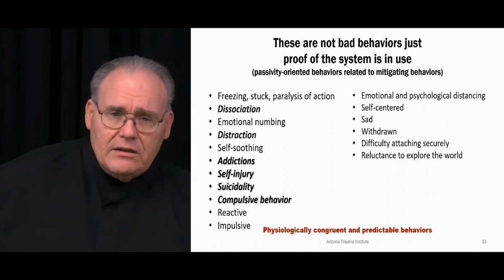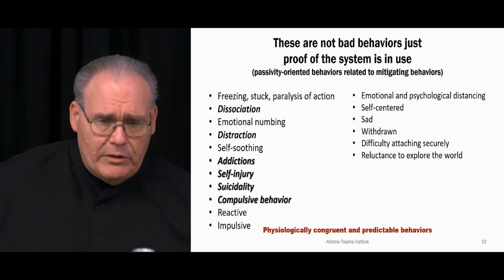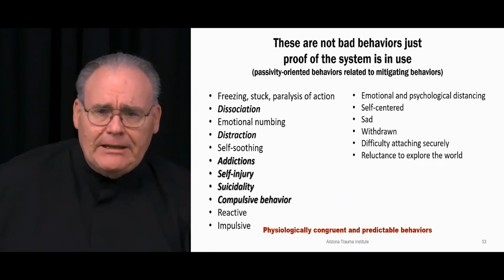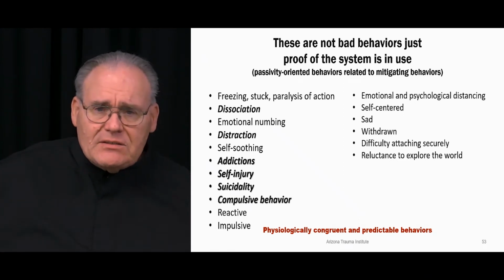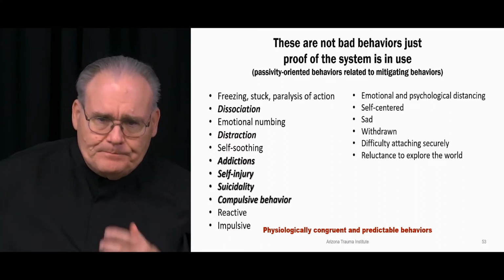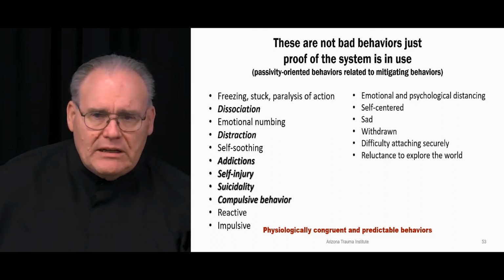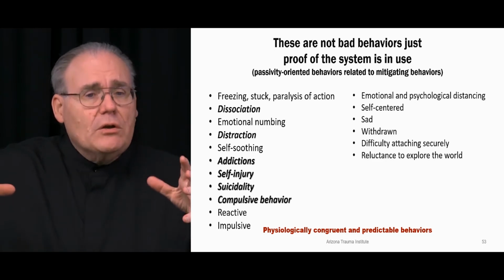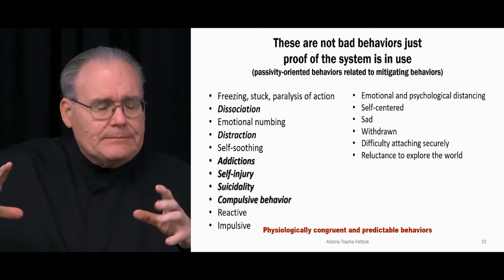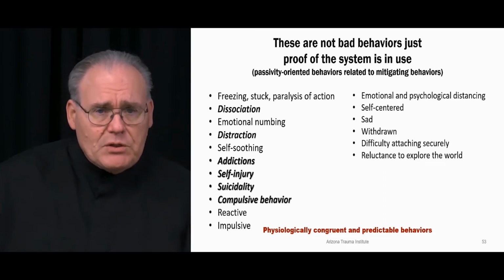You're going to find a lot more addictions, self-injury, suicidality, compulsive behavior here, a lot of reactivity, a lot of sadness, a lot of emotional and psychological distancing from other people, a lot of difficulty feeling attached or secure in any relationship. So that's what we've been trained to think of as psychological problems or psychiatric problems.